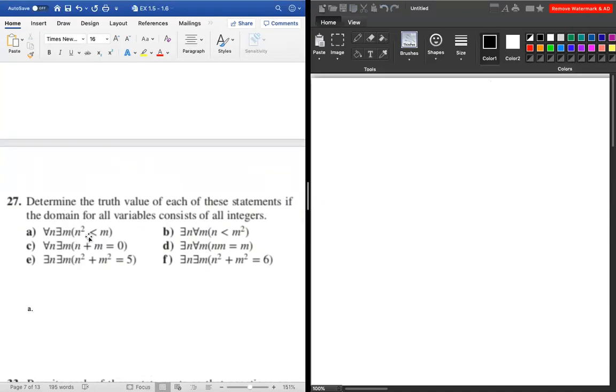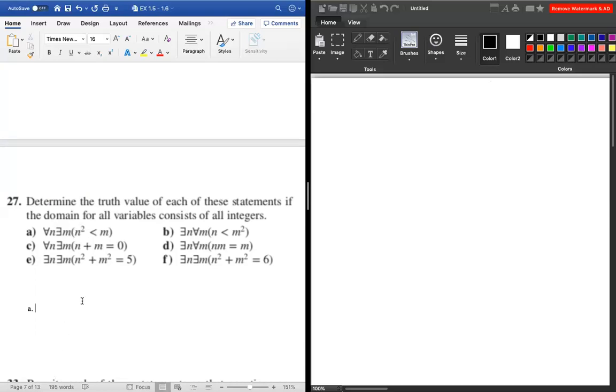So we have for all n, there exists an m. So we are saying that the square of any number is always less than some m. So for all the numbers n, their square is less than some number m, right?